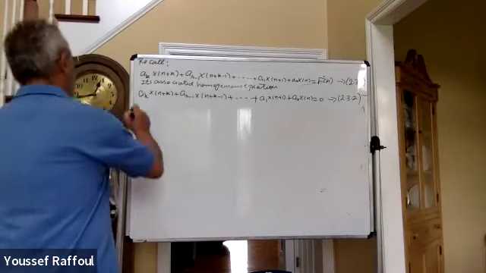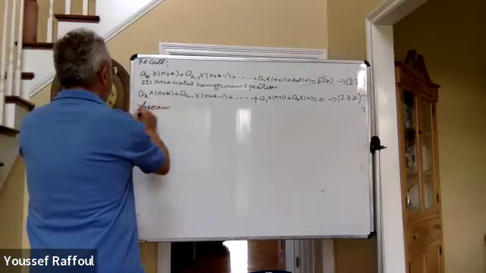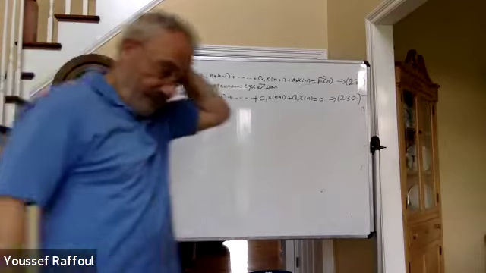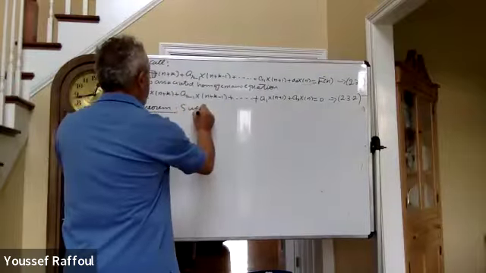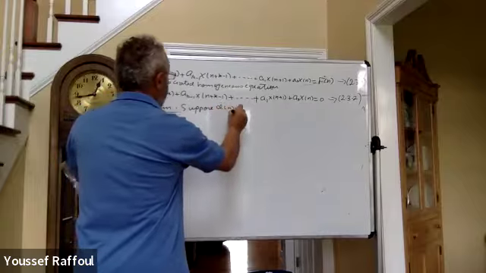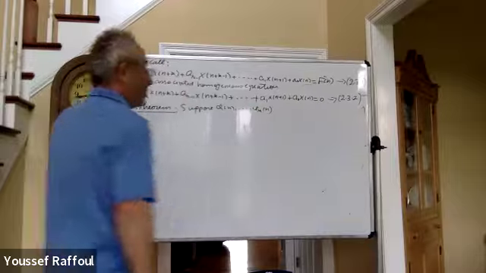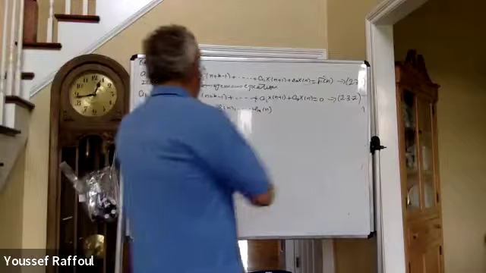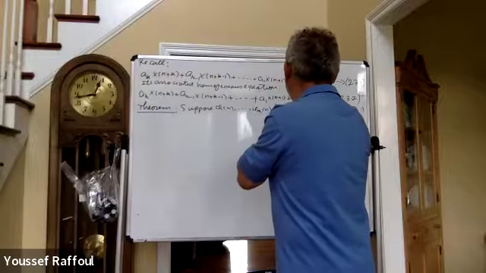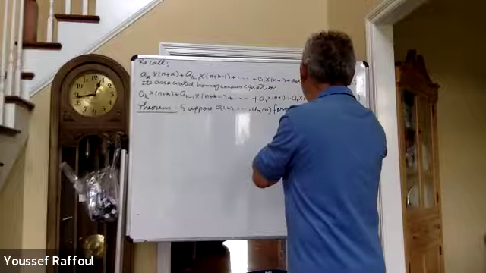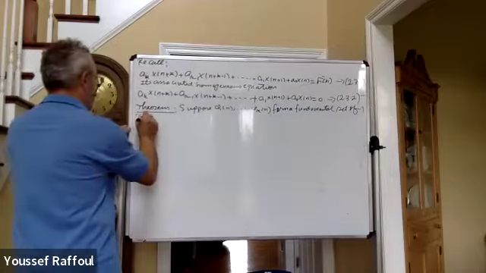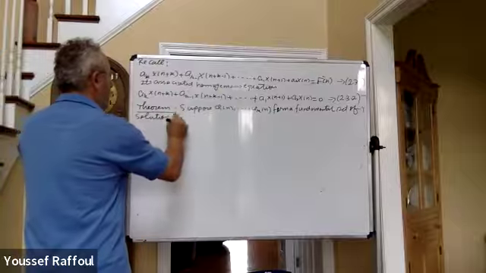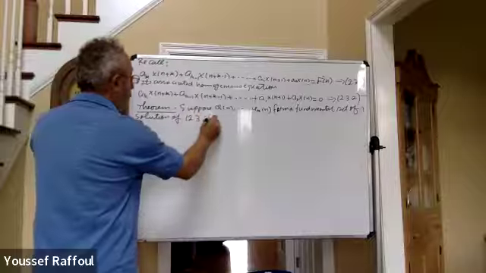Okay, so we have a theorem. Suppose phi 1 of n through phi k of n form a fundamental set of solutions of 2.3.2.